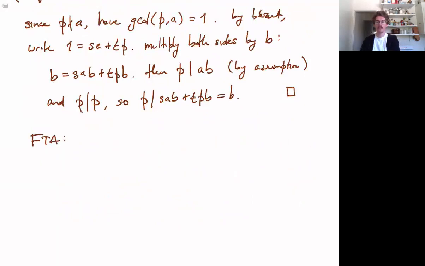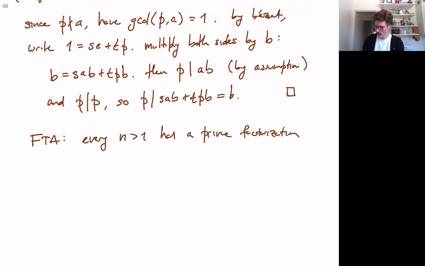Let me not write out that huge long name again, but let me write a statement of the theorem so that we remember it. So every n greater than 1 has a prime factorization, and I'm going to write it a little bit differently just for convenience. I'm not going to put exponents.